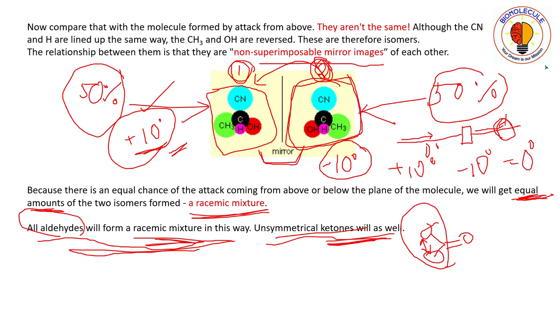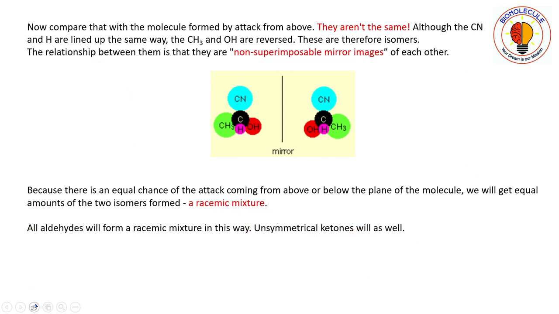Around this carbonyl carbon we should have different groups, not the same groups. If it is a symmetrical ketone, then this carbonyl carbon will have the same groups. So it is worth noting that unsymmetrical ketones will give this racemic mixture.